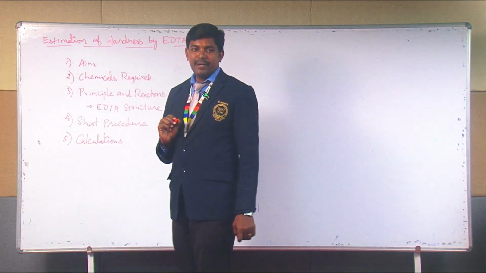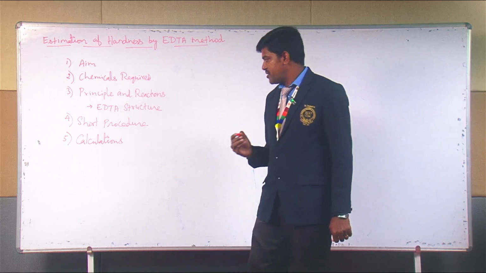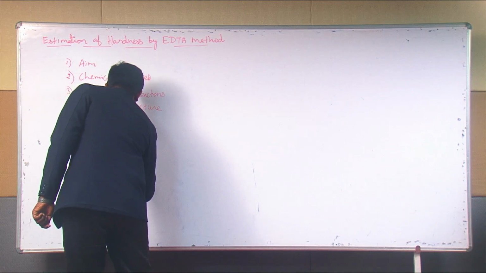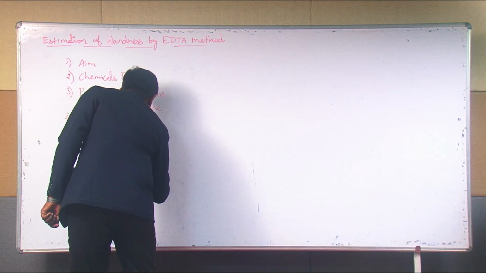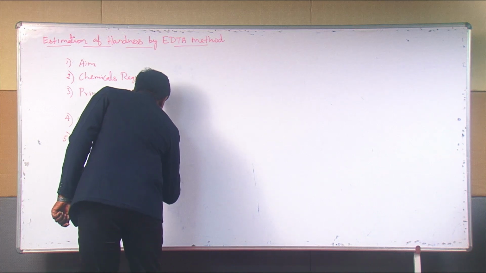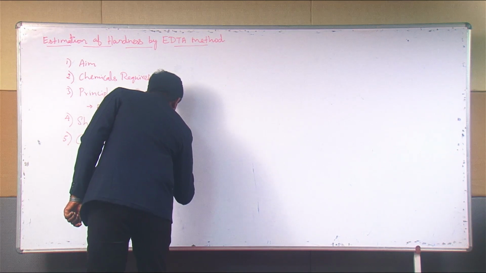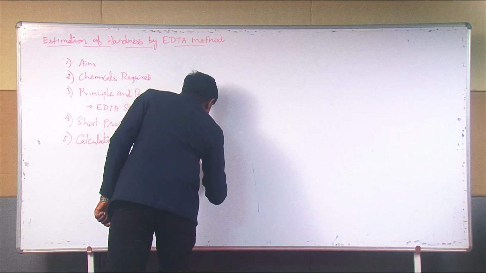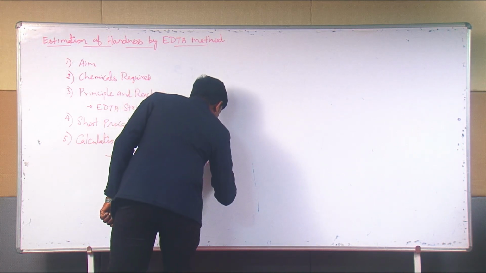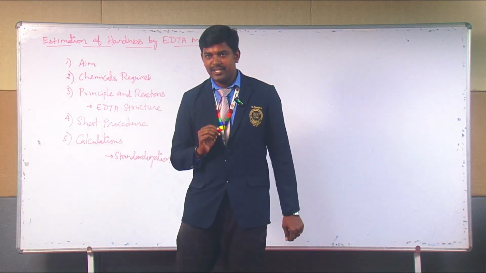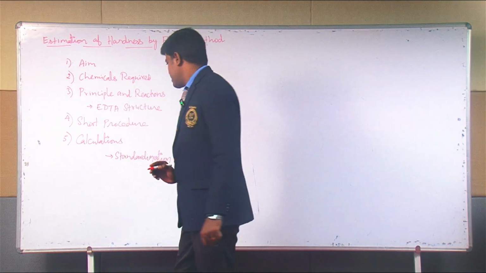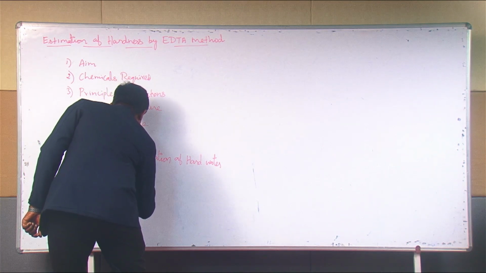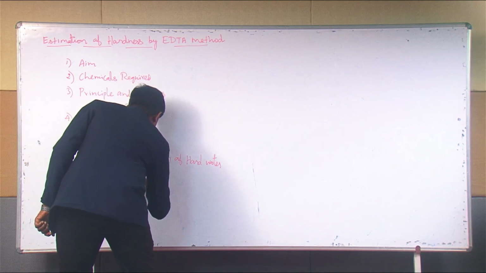In the calculation part, we have three subdivisions. The first one is standardization of hard water, and the second one is estimation of hard water.